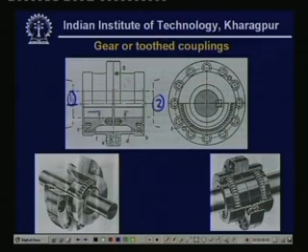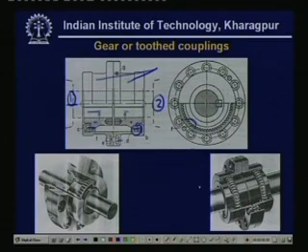There are two sleeves here and there, and these sleeves have gear teeth on the external surface. There is another set of shells which are flanged together, as you see here, and these shells have internal gear teeth. So here the gear teeth match, as you can see.